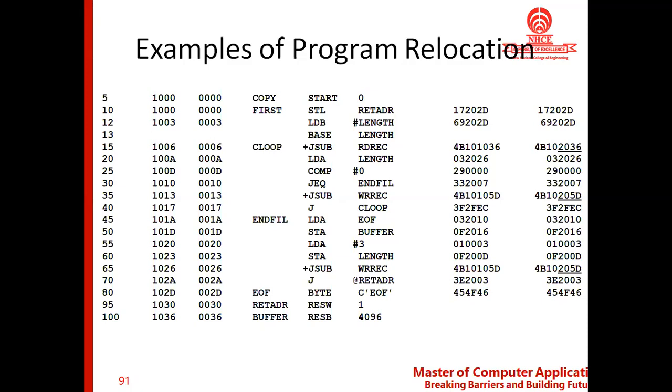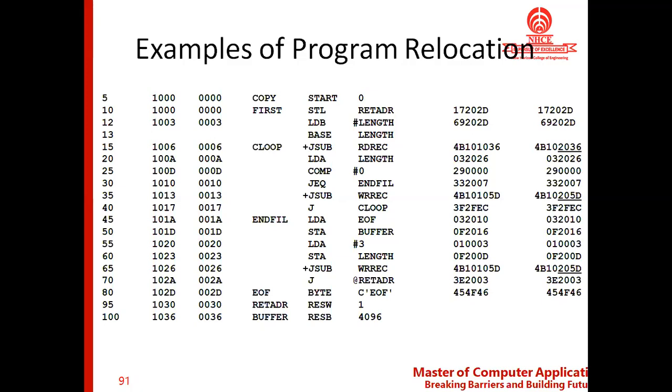The underlined one shows what the object code would be at the time of program relocation, assuming 1000 as the starting address of the program at the time of loading. If it changes, then the object code also changes again. So it depends on what address is given to the program at the time of loading.